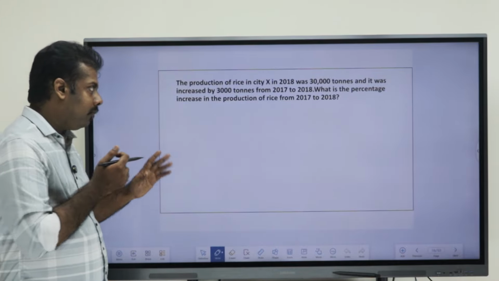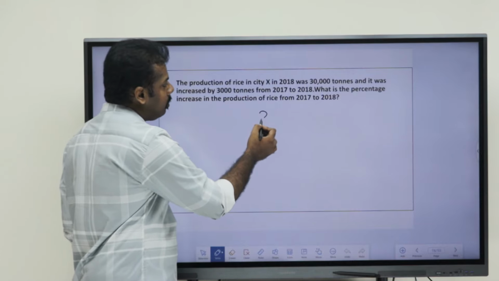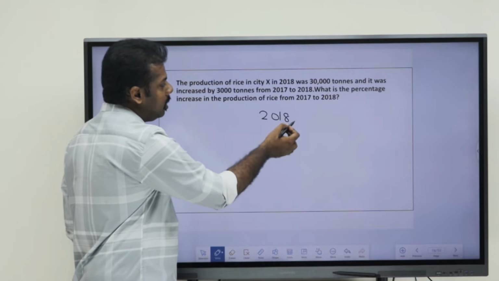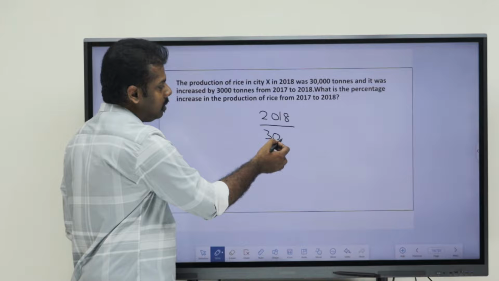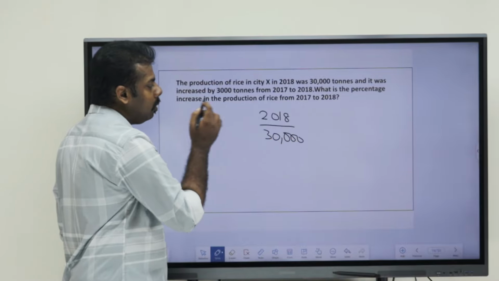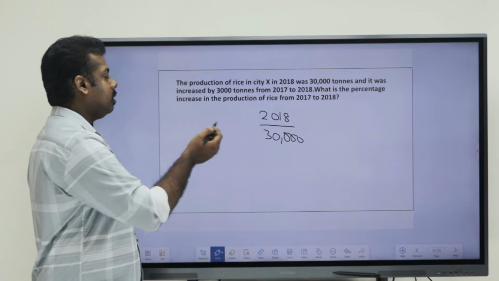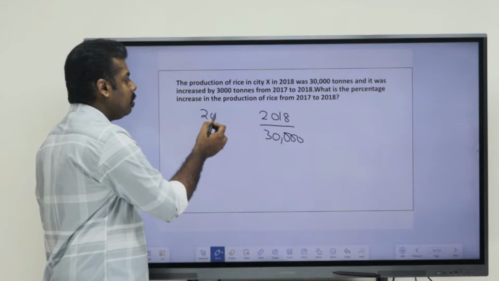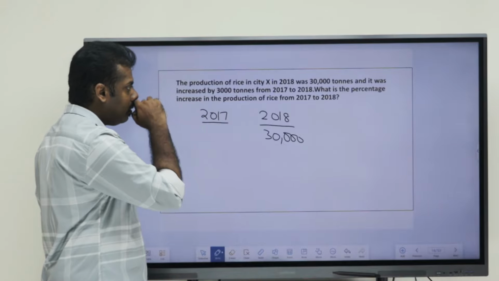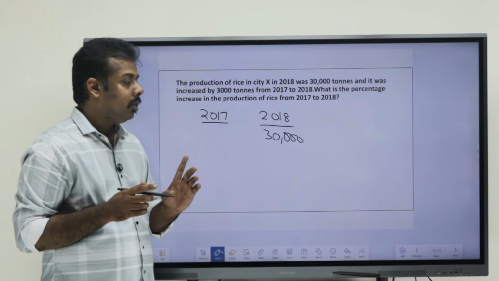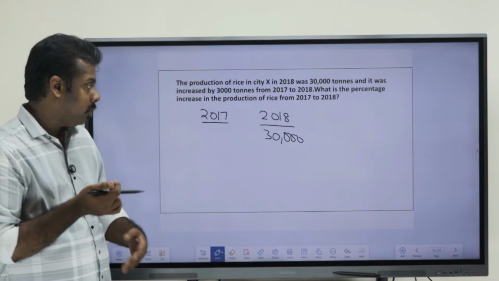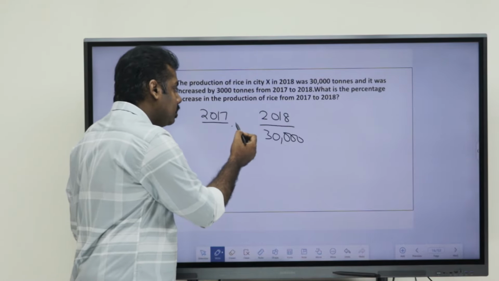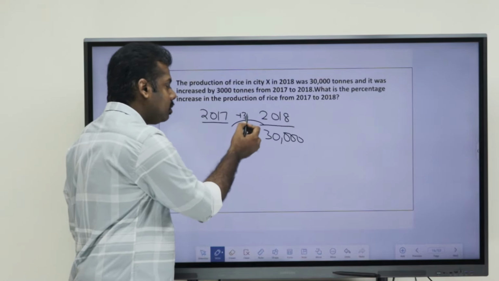They have given that the production of rice in 2018 is 30,000 tons. Now they told us that from 2017 to 18, that is the previous year, there is an increase of 3,000 tons.